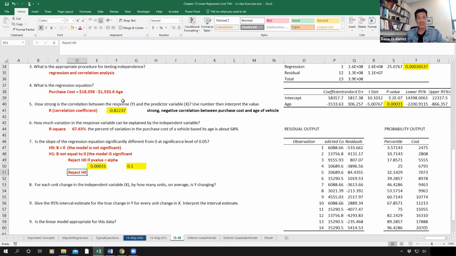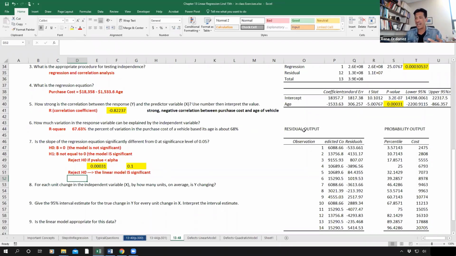Okay? Translation, when you reject the null hypothesis, the linear model is significant, meaning the actual slope of the model is a non-zero number.